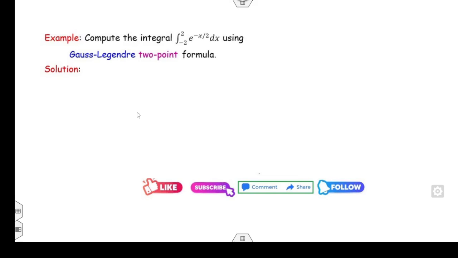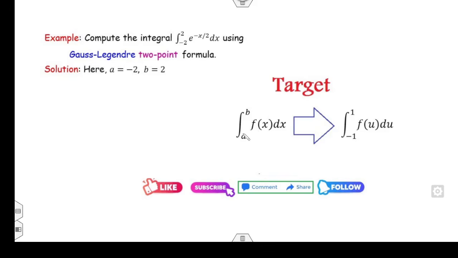Now the first example. Compute the integral by using the Gauss quadrature two-point formula. First of all, you can see my domain is -2 to +2. So your first target is to convert the domain from -2 to +2 to -1 to +1. Here a is my lower limit, b is my upper limit, and your target is to convert that integration from a to b to -1 to +1.